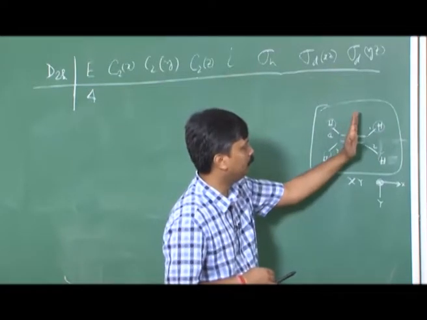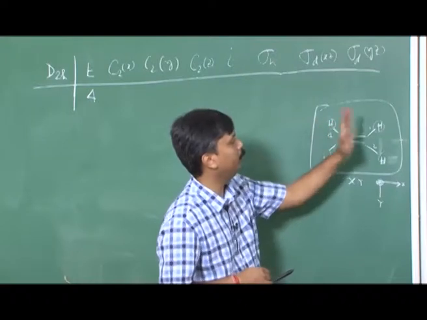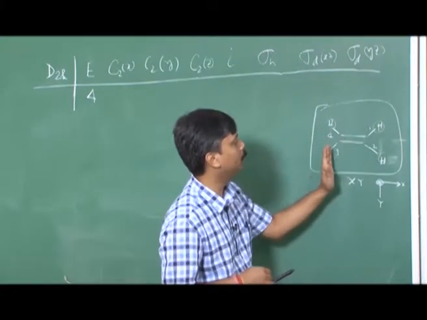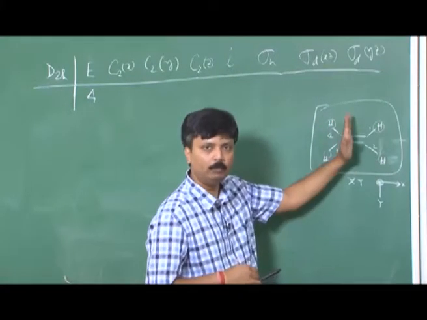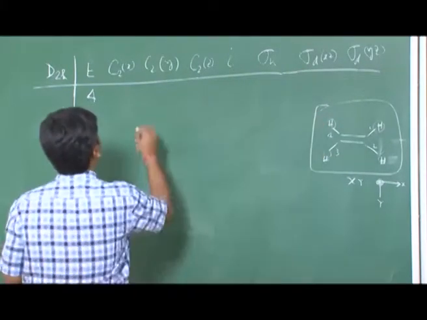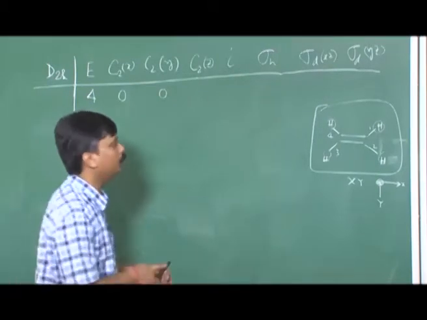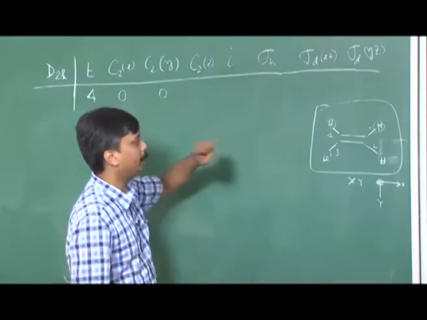And what about C2y? 4 will be interchanged with 1, 3 will be interchanged with 2. So none of them will survive, and there will be no contribution to the character. So both of these will contribute 0 to the overall character.